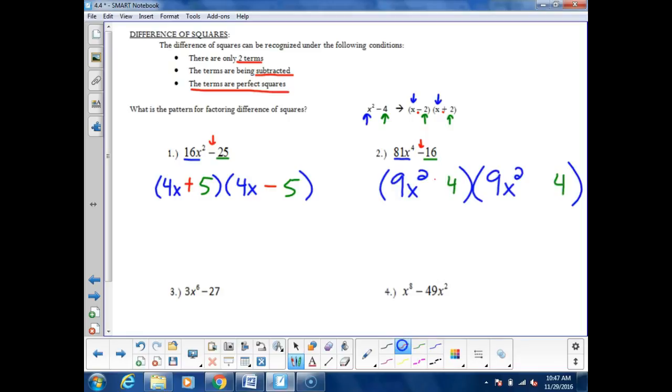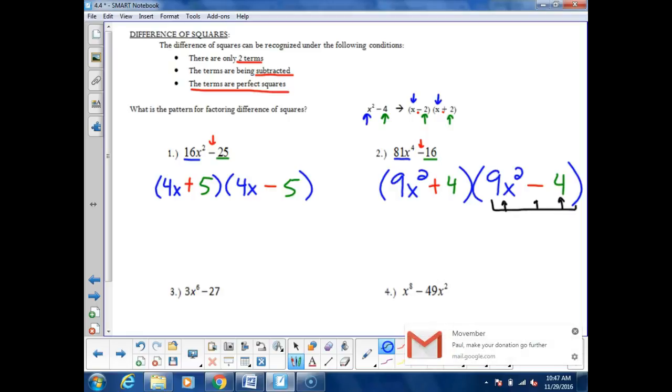1 plus, 1 minus. But now, because we're factoring completely, now I look at this one, because this is a perfect square, that is a perfect square, and that is a subtraction sign.